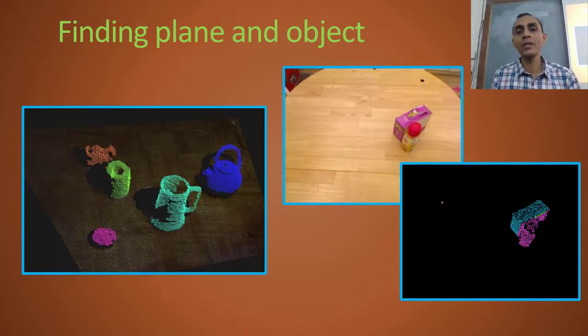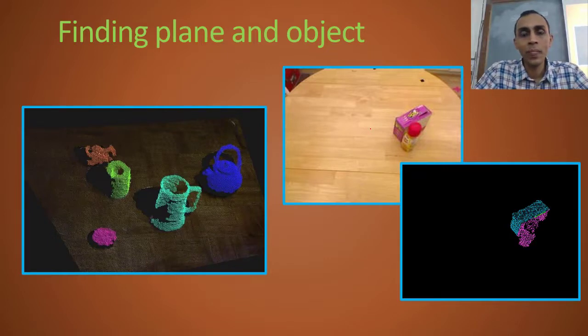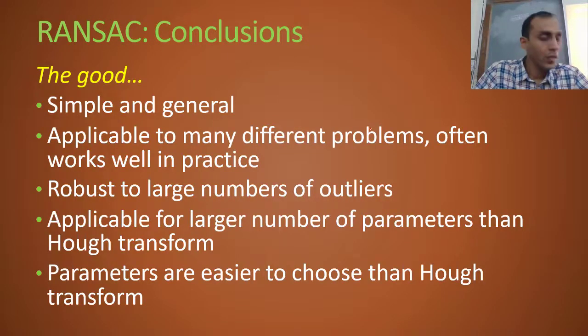Then you can get rid of the plane and segment out the actual objects. There are more details to it, but I'm just telling you that RANSAC can be used for plane fitting and all those things. We'll still come to the problem of multiple models, whether it can fit them or not.